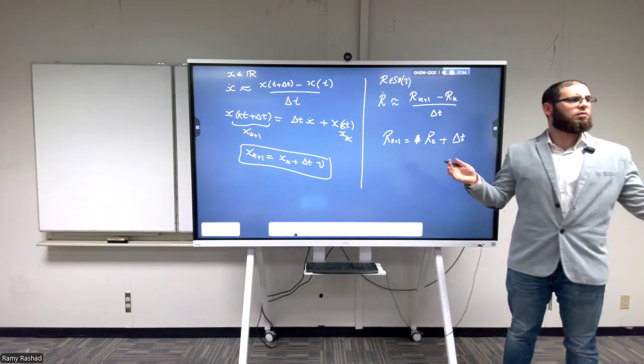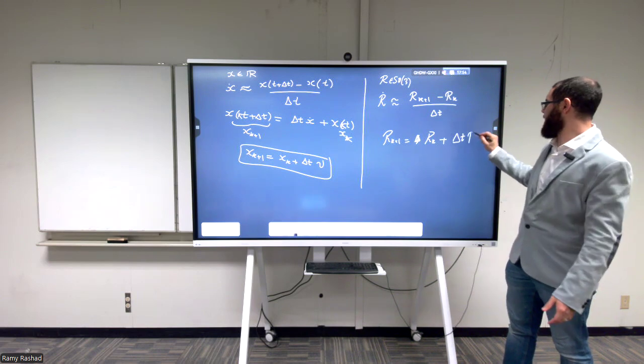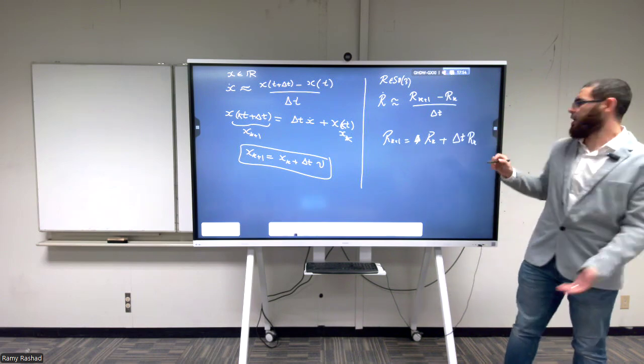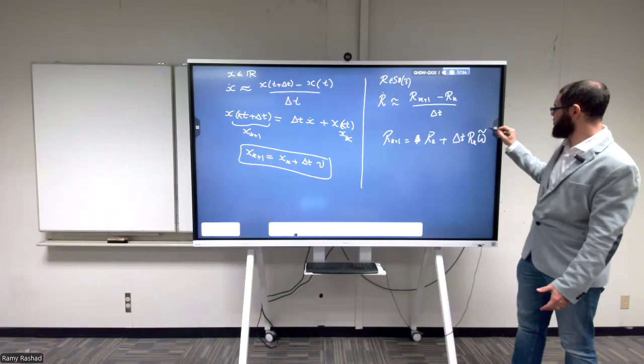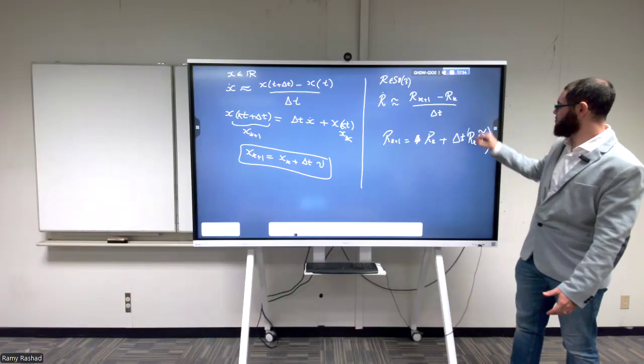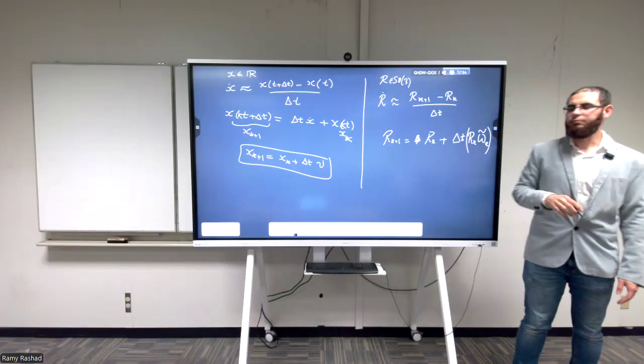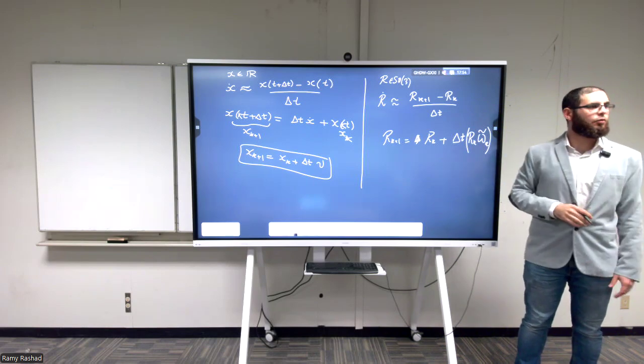What is the R dot? It's R k multiplied by omega tilde, at time k. We can do that. That's it. Very easy. What's wrong with this?